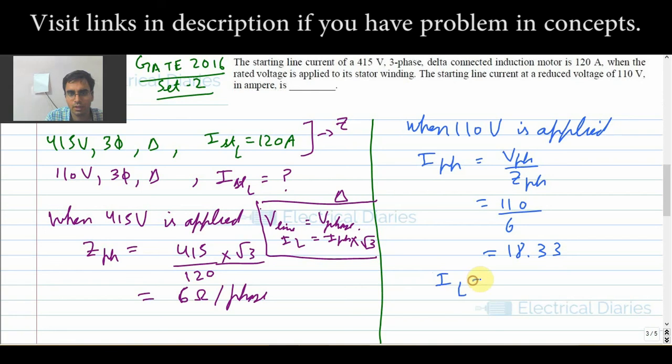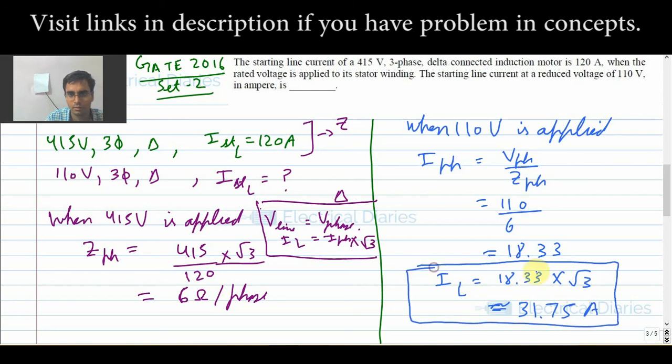And since it is delta, I line will be, sorry, 18.33 into root 3. So your answer will come out to be 31.75 amps, an approximate answer. It is a simple electric circuit question, but just confusing because of the induction motor.